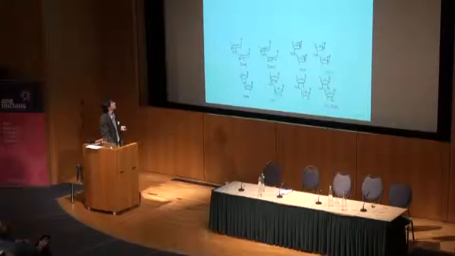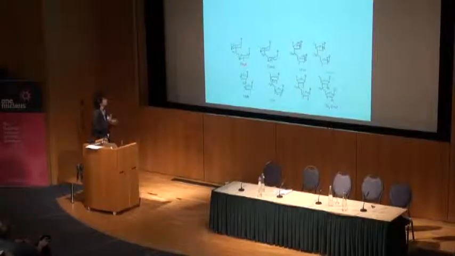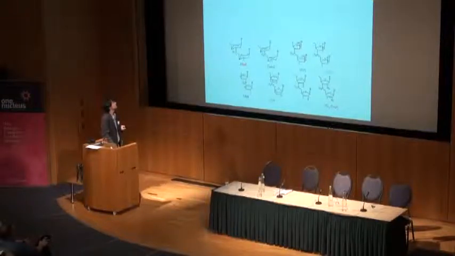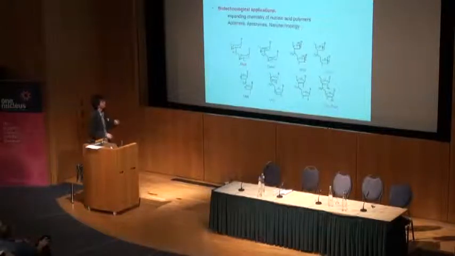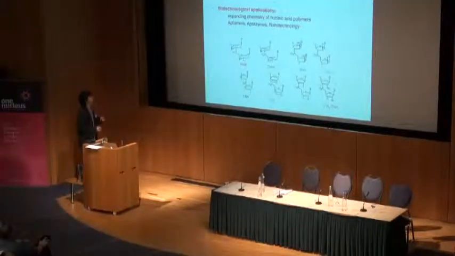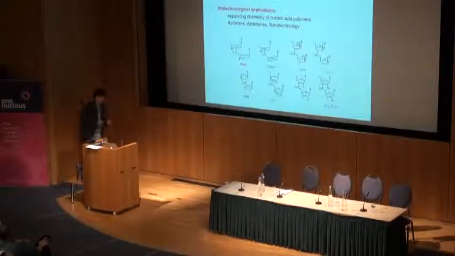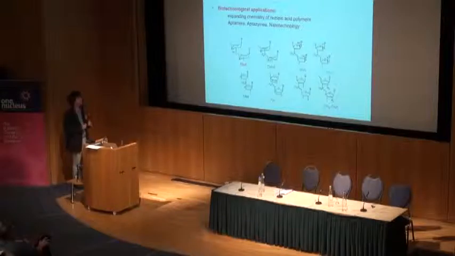So to just summarize, we've been able to take heredity and evolution beyond DNA and expand the chemistry of nucleic acid polymers that can be synthesized, replicated, and evolved. You can see we've expanded this now to 8, and I think we're up to 10 now. We're able to make aptamers, and we're currently working on making these to more clinically relevant targets.